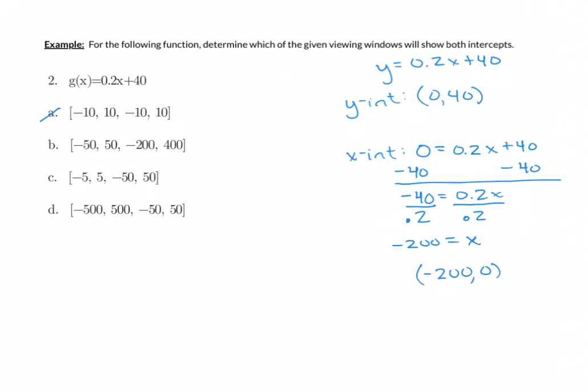In fact, I don't think we'd see anything if we graphed using this window. All right, example B. Negative 200 is not between negative 50 and 50. And 40, I think this is going to be a little too big in order to see 40. So B is not a good option either.